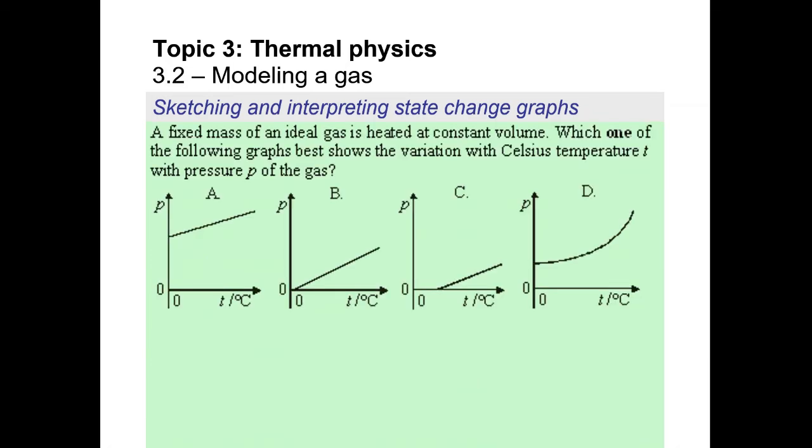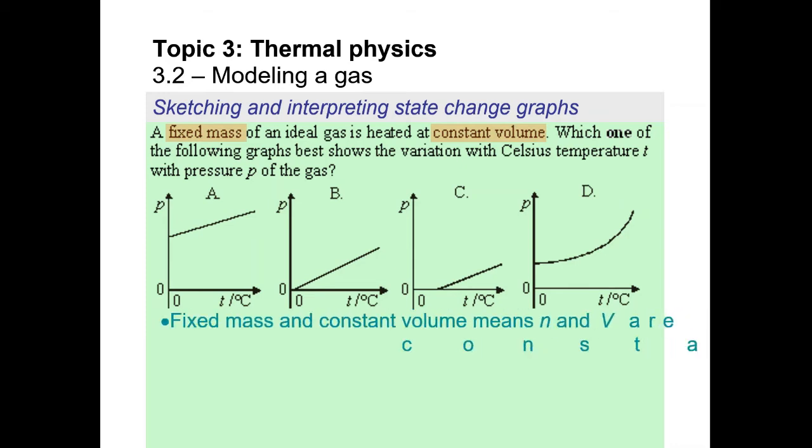MCQ question: a fixed mass of an ideal gas is heated at constant volume. Which one of the following graphs best shows the variation of pressure P with the Celsius temperature T of the gas? Fixed mass and constant volume means n and V are constant.